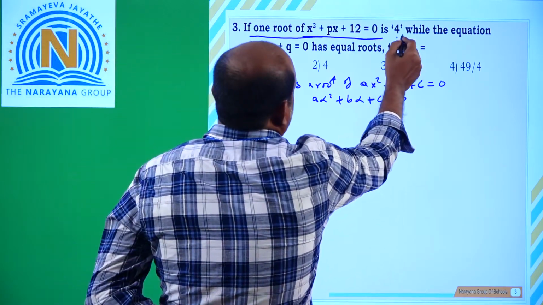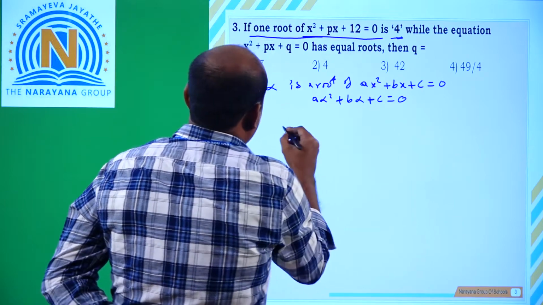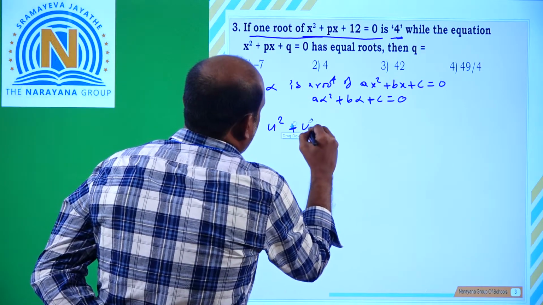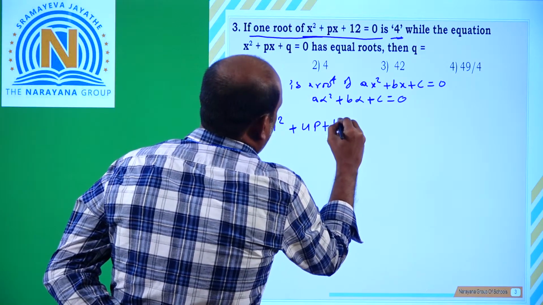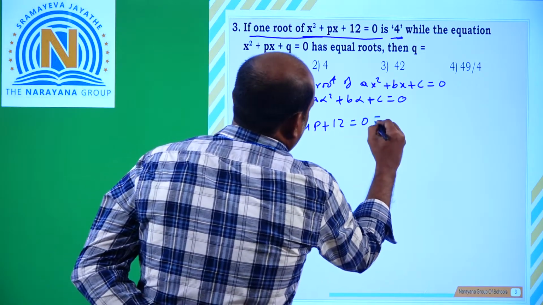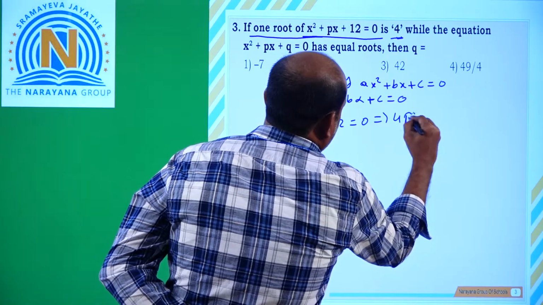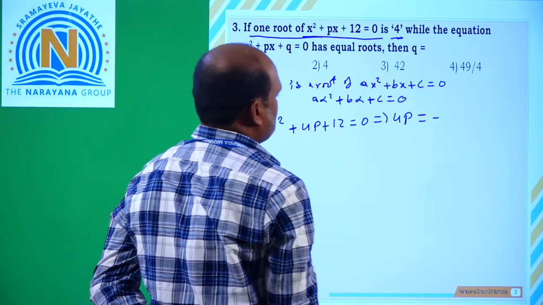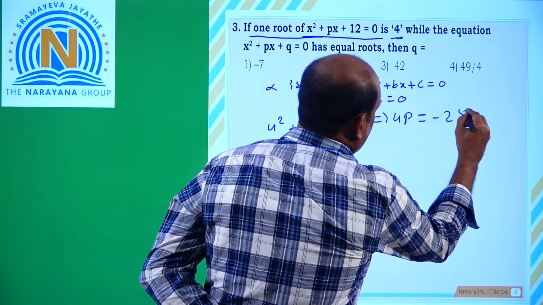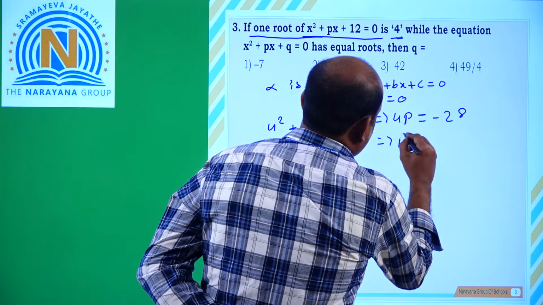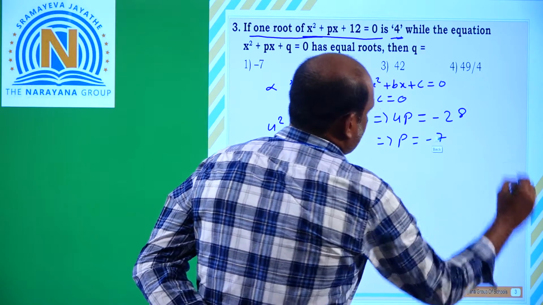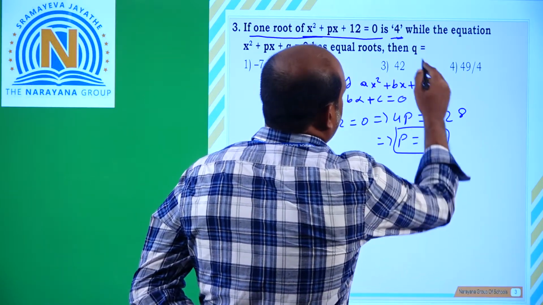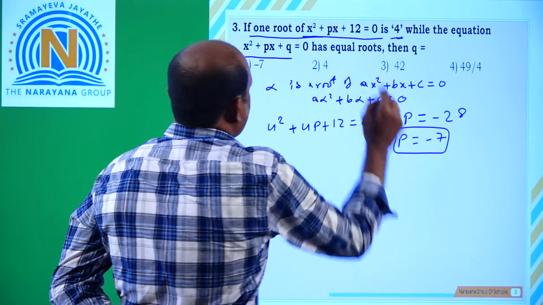Here one root is given 4. So that is 4 square plus 4 into p plus 12 is equal to 0, implies 4p is equal to minus 16 minus 12, that is minus 28, implies p is equal to minus 7. And given this equation has equal roots.